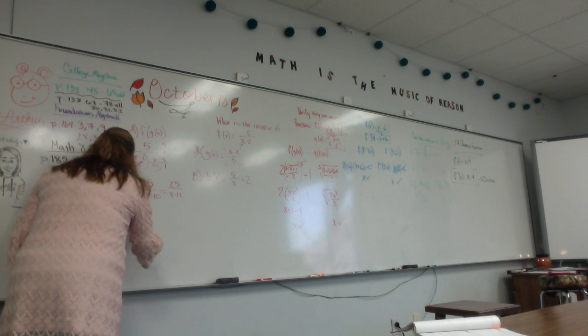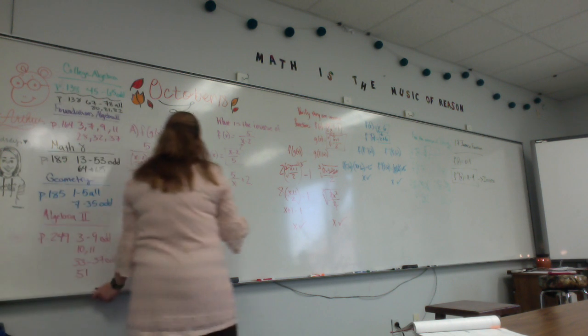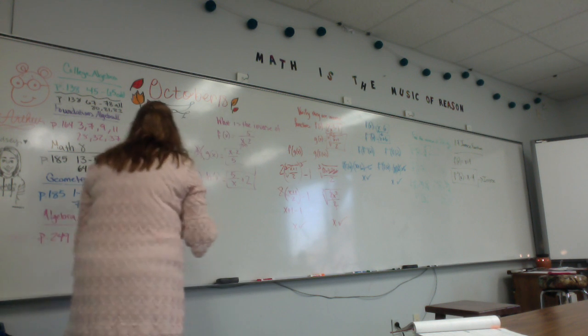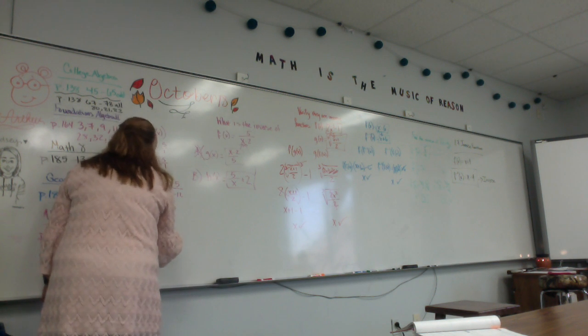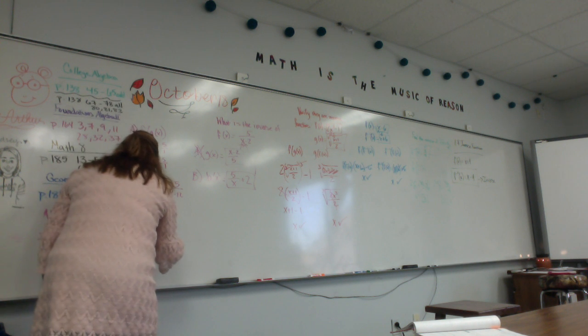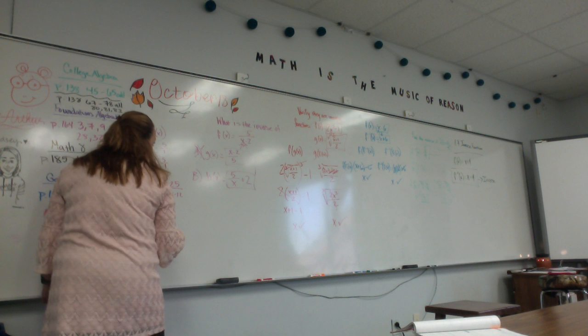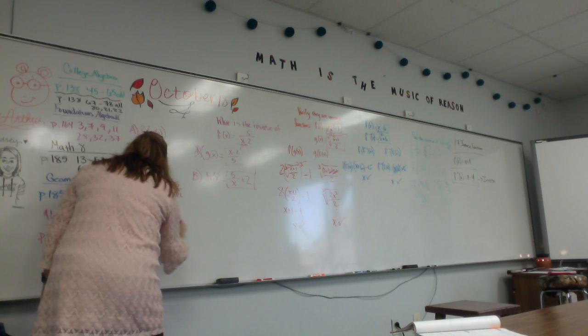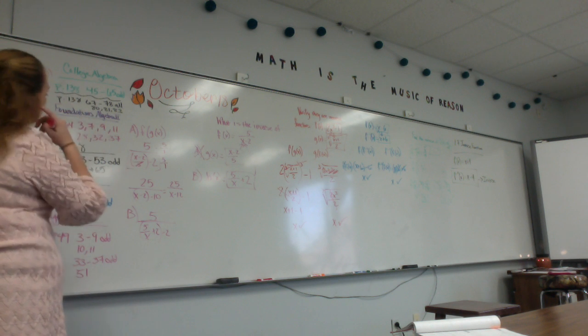If we check B, and we plug this equation into that x, I get 5 over x plus 2 minus 2. Okay?